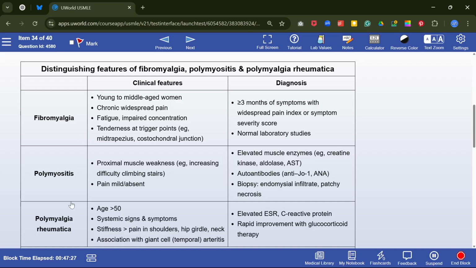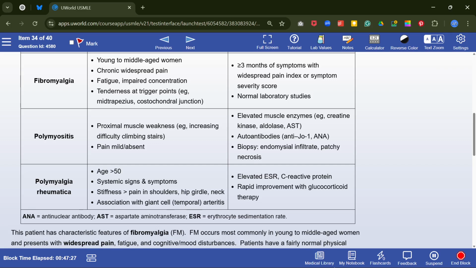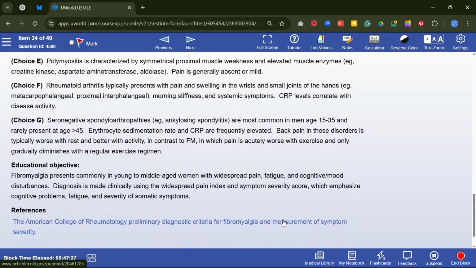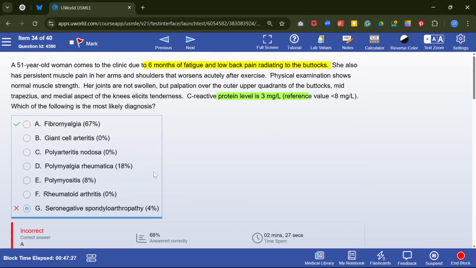Overthinking. Yes, in AS the ESR and CRP would be high. And age is 51, I missed the age. Age less than 45.